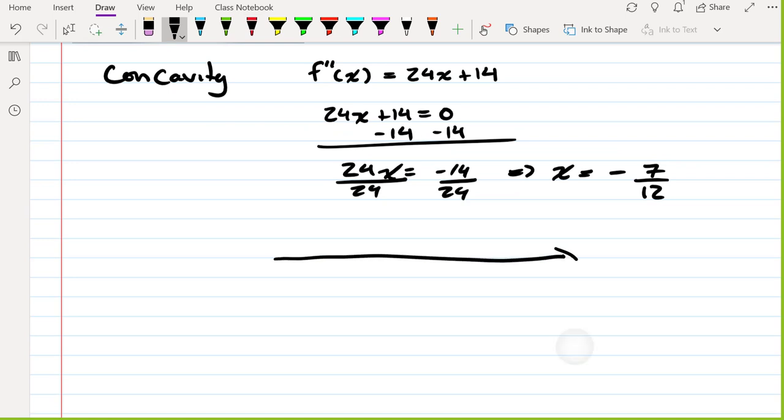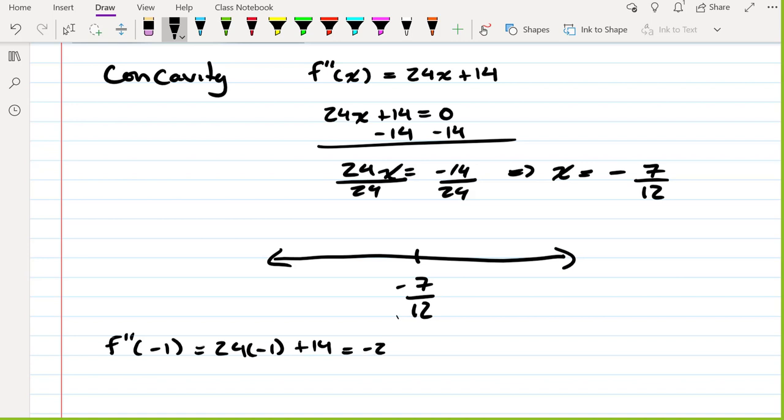So using our number line, once again, we have negative 7/12, and we just need to check the sign of the second derivative. For something less than negative 7/12, let's check negative 1. f double prime of negative 1 is 24 times negative 1 plus 14, which is negative 24 plus 14 equals negative 10. So that's negative.